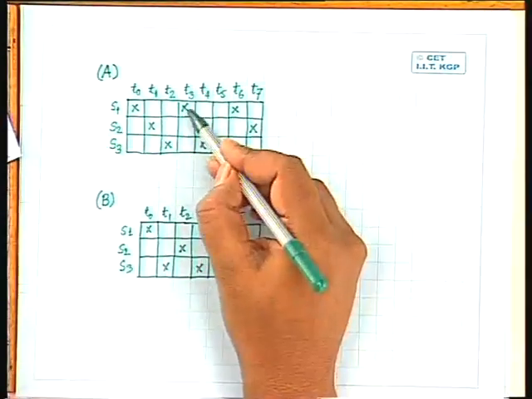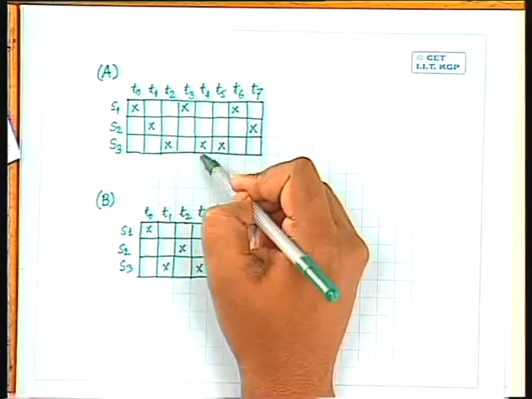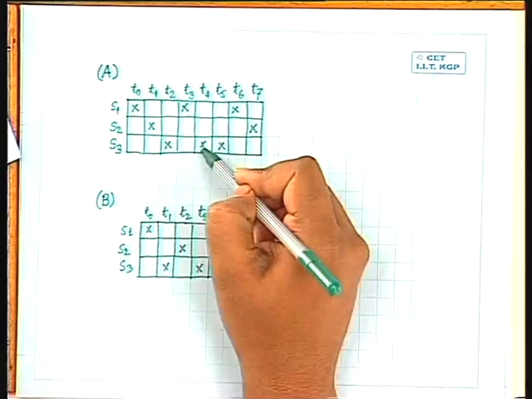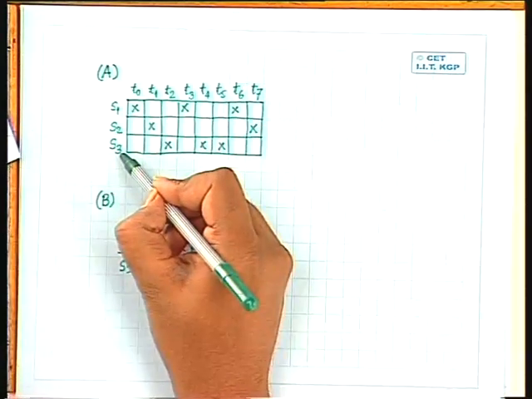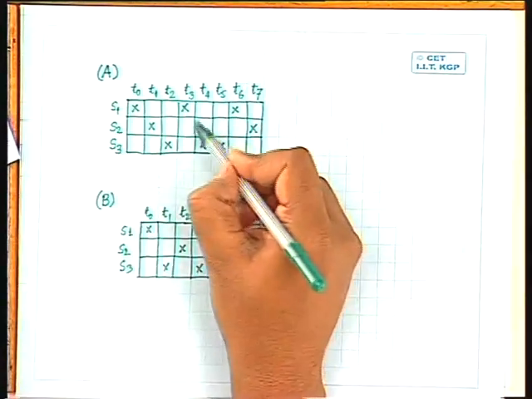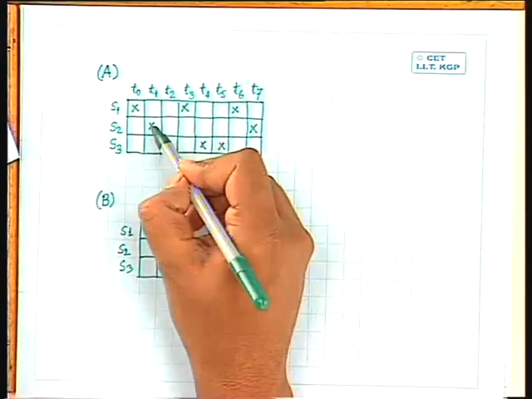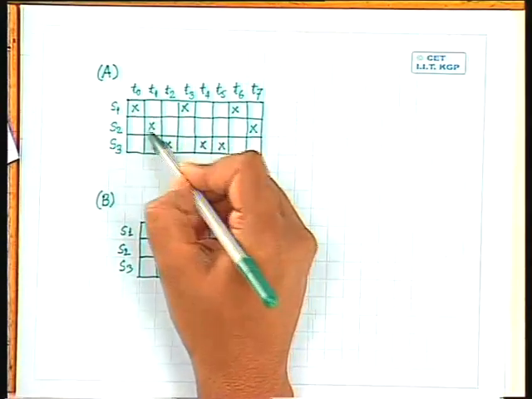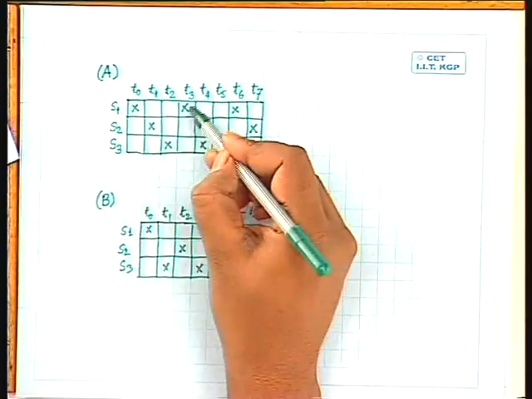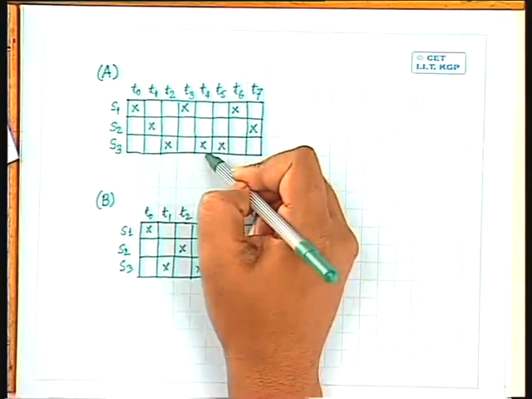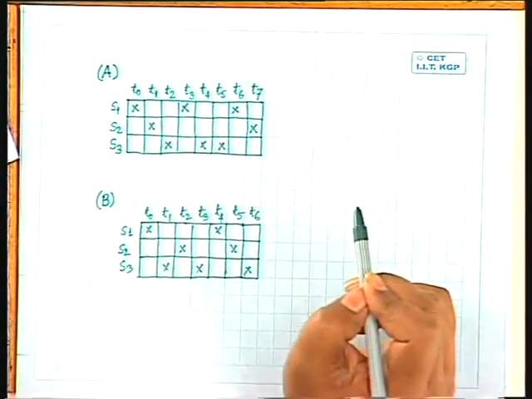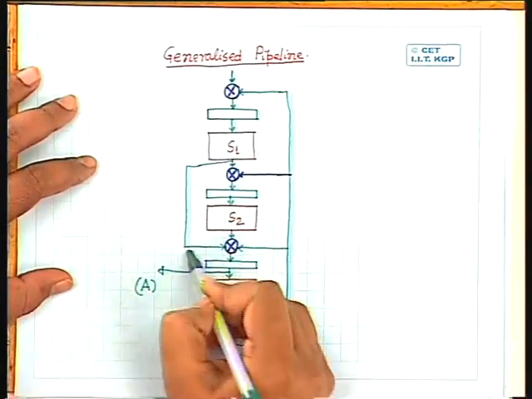After S1, during time step T4, you find the computational block that is to be used is block S3. So now it does not follow the linear path anymore. In case of linear path here, from T0 to T1, we had moved the data from S1 to S2. But now we have to move the data from S1 to S3. That means I have to make use of the feed forward path. Okay. And this is the feed forward path.